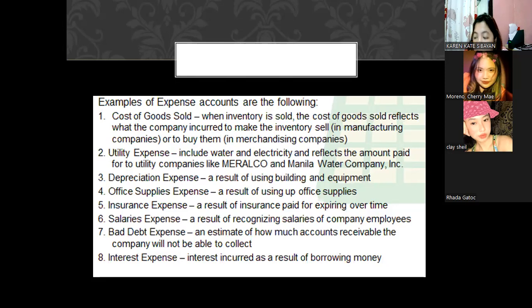Example, sa bakery namin, ang masasabi namin na supplies is yung mga flour. It is divided into liquid and dry. Yung liquid, yan yung mga oil, milk, mga ganon. Sa dry, ganon din. So supplies yan. Okay?